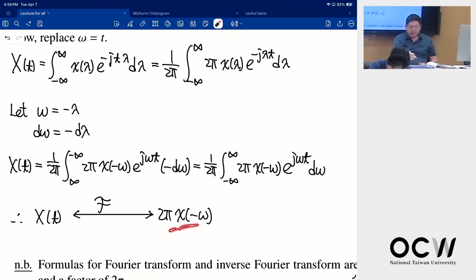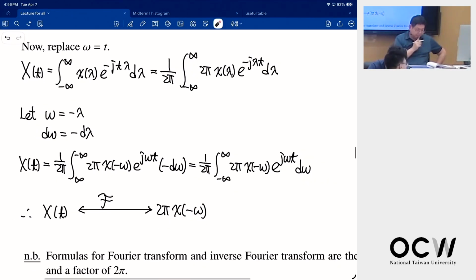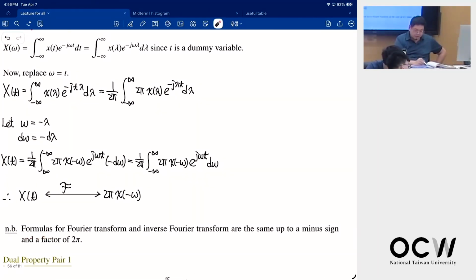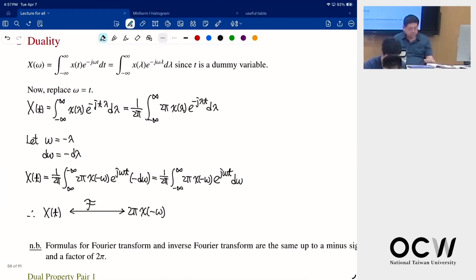But now it is a function of the lowercase x, reversed, then times 2 pi. So the formulas for the Fourier transform and the inverse Fourier transform are the same up to a minus sign and a factor 2 pi. That's called the duality.